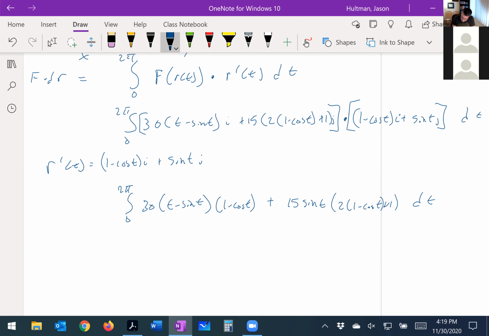When I multiply the first one all out, I'm going to get 30t minus 30t cosine t, minus 30 sine t, and then plus 30 sine t cosine t, right?